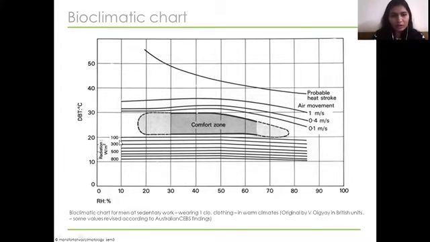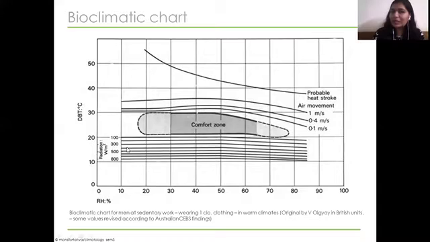Because you see this cursor, 30% humidity and 15 degrees Celsius temperature, it meets somewhere here, and if you follow the line, it says addition of radiation at approximately 400, which is the line between 300 and 500, therefore 400 watts per meter square. If you introduce this much heat, the discomfort at this point can be brought closer to the comfort zone.